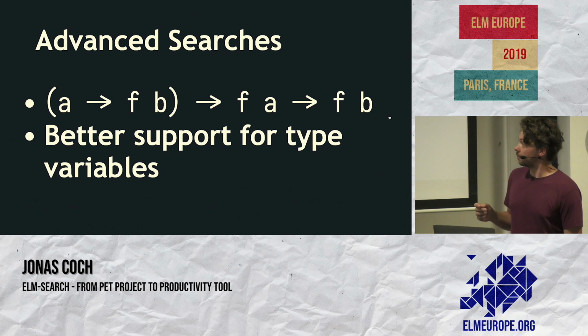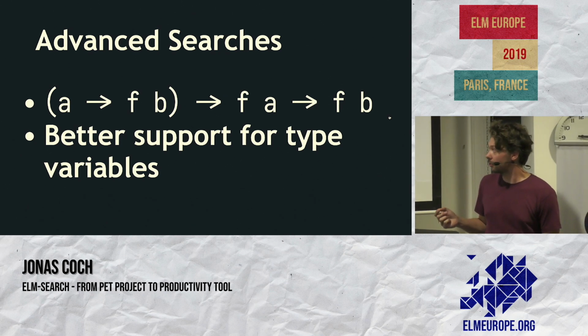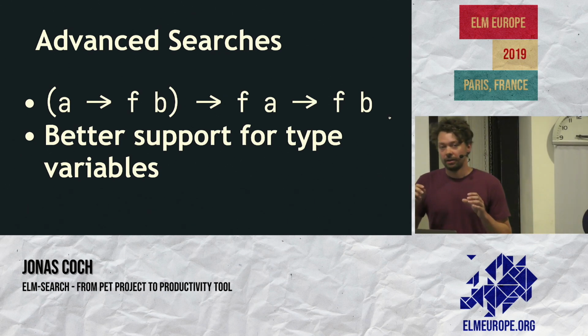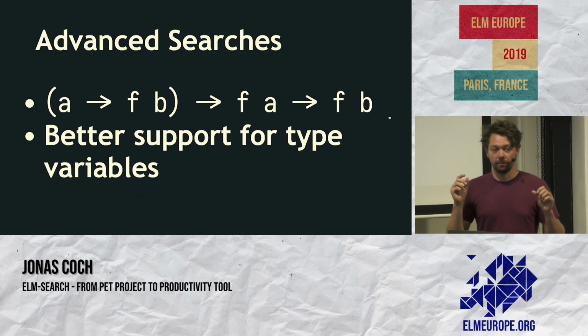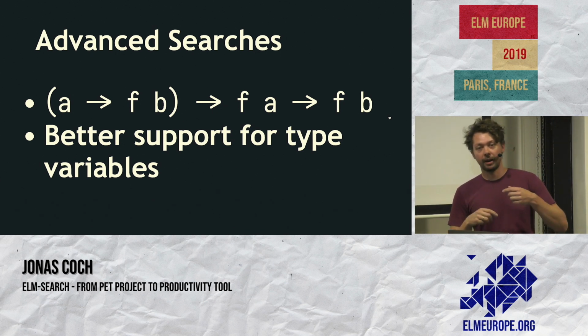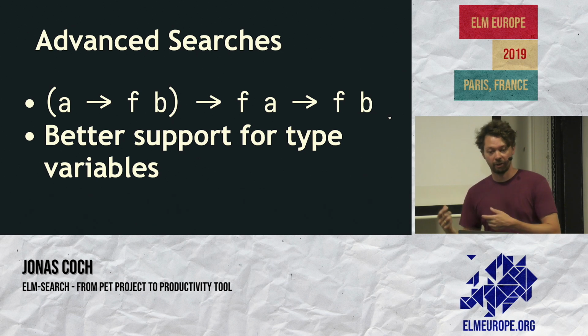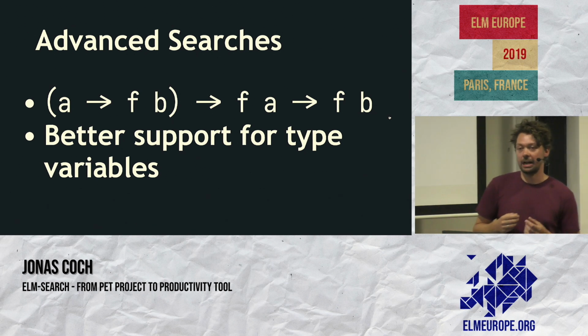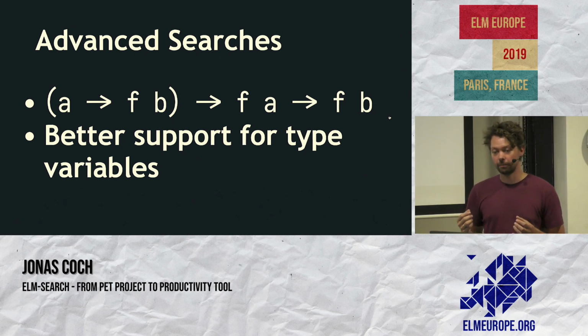The current version only has basic support for type variables, so it works by the names of the type variables being reassigned to a new character in alphabetical order. And this helps to find comparisons that are structurally the same.